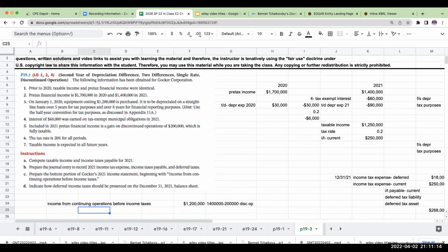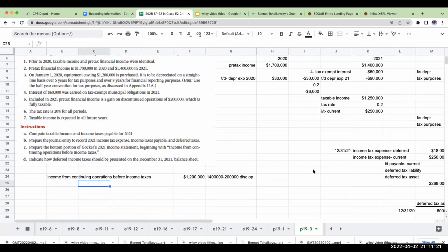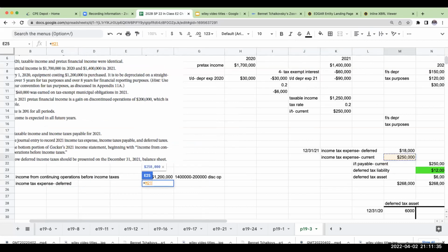Okay. Now, when it comes to this next part, when we look at the income tax expense deferred, that's not really going to change. So my income tax expense deferred is going to be 18,000.